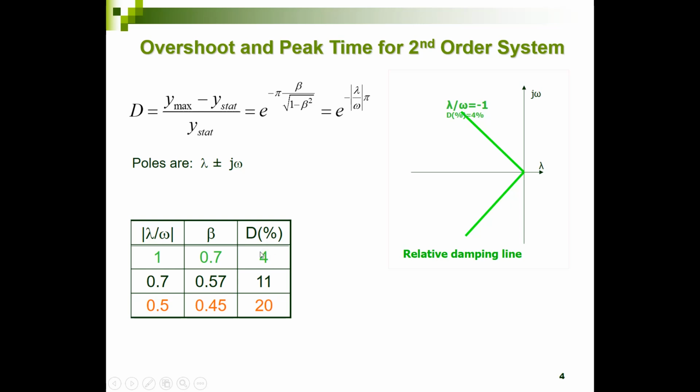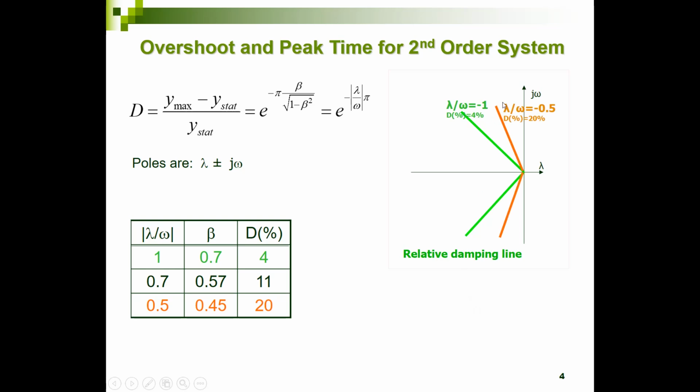So when I have a system with two poles over here, the overshoot after applying a step set point is 4%. When I have another system with poles over here and one over there, it still has an overshoot of 4%. So knowing the value of lambda over omega defines what the overshoot of the system response will be. So it's corresponding to the relative damping, also the lambda over omega line.